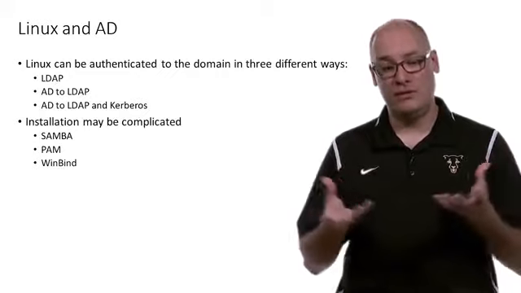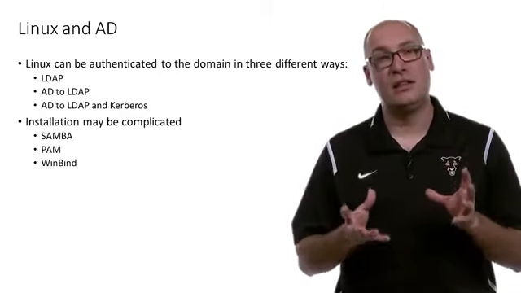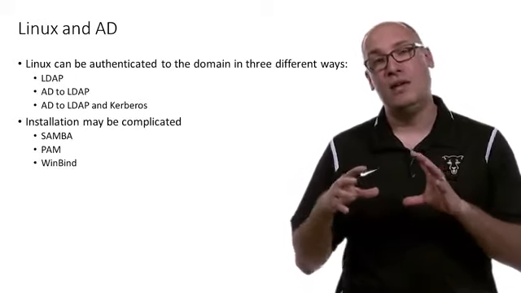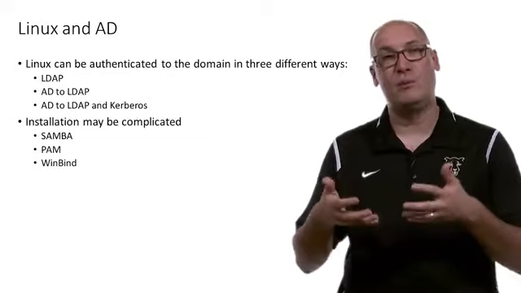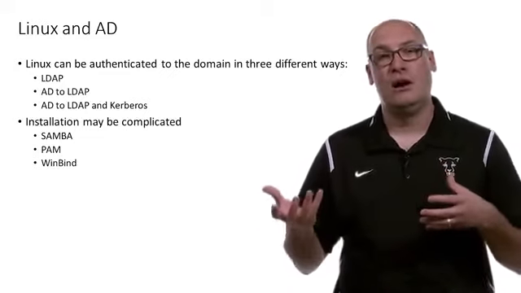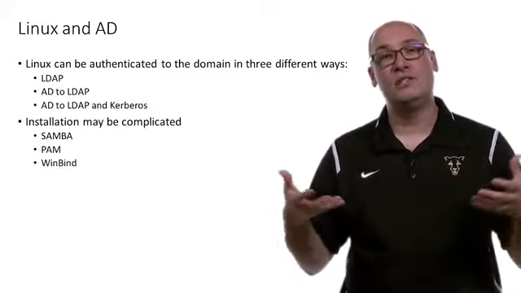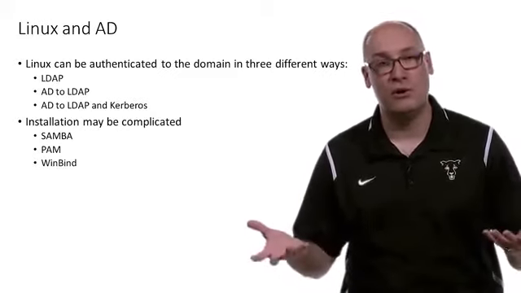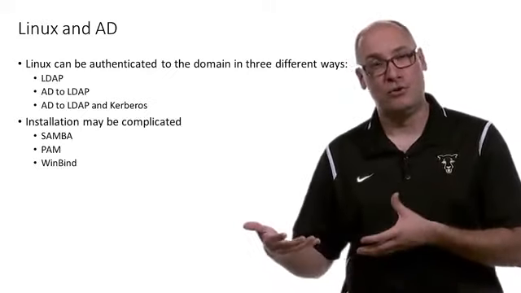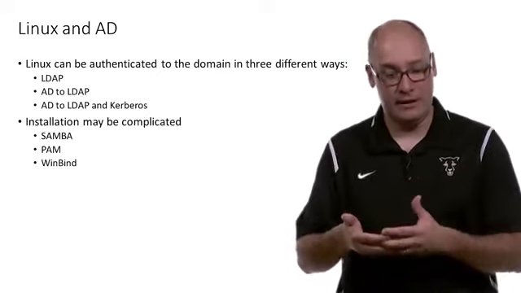And we've seen, and I'll talk about this in a later video, that we're able to have pluggable authentication modules, or PAM modules, that utilize different services to integrate into different environments. So there's a Kerberos PAM module that we can use to authenticate into the Active Directory domain.